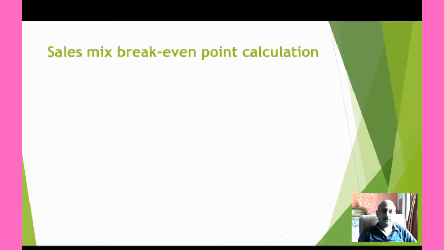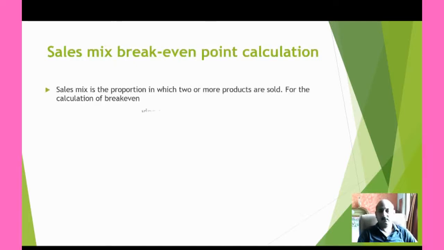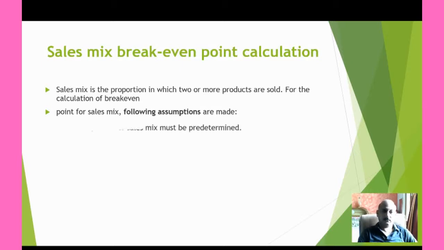Number one, the proportion of sales mix must be predetermined. The sales mix must not change within the relevant time period. All the costs can be categorized as variable or fixed cost. Sales price per unit, variable cost per unit and total fixed cost are constant.